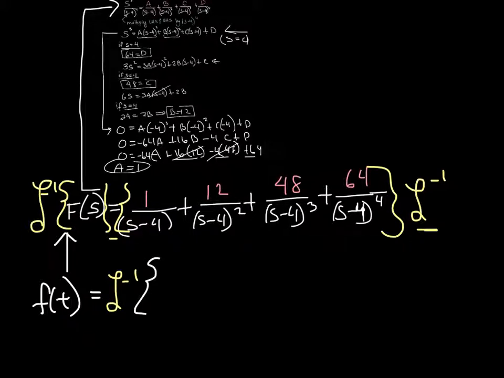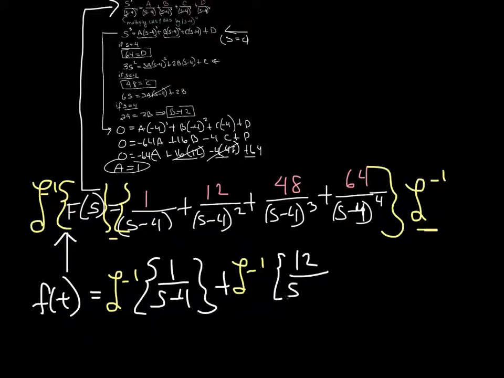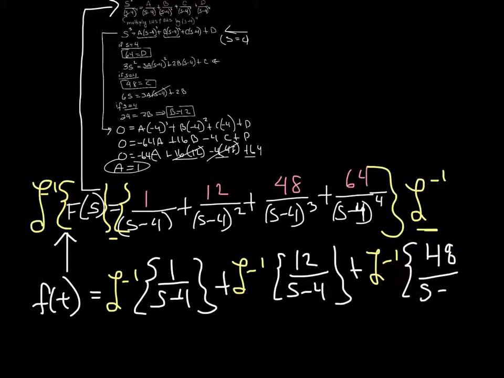So I get 1 over s minus 4 plus the Laplace inverse of 12 over s minus 4 plus the Laplace inverse of, 12, just kidding, 48 over s minus 4.